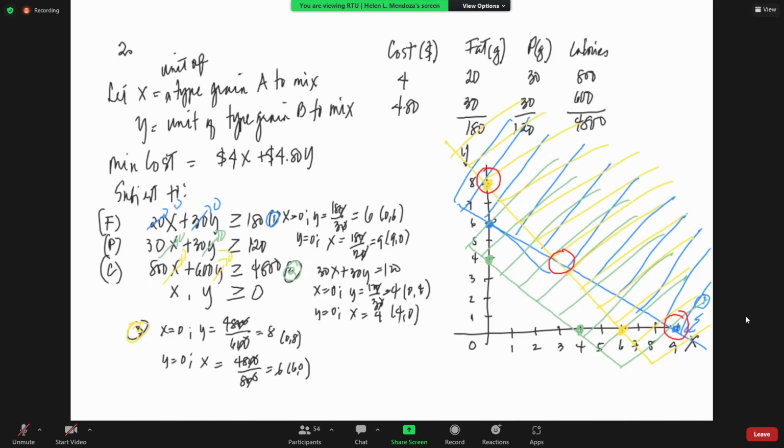The middle value is an intersection of blue and yellow, meaning the first and the third. So we work now on the first and the third, solving for the intersection of points. So sabi natin blue at yellow.